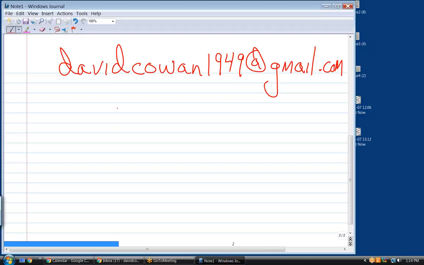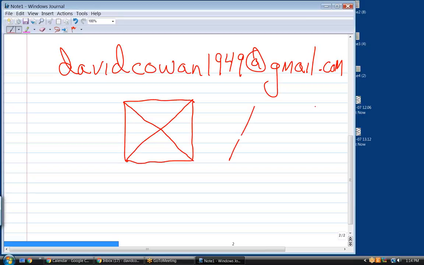Okay. So if we had a square, clearly the diagonals are going to be perpendicular. If we had a parallelogram, the diagonals still look to be perpendicular.